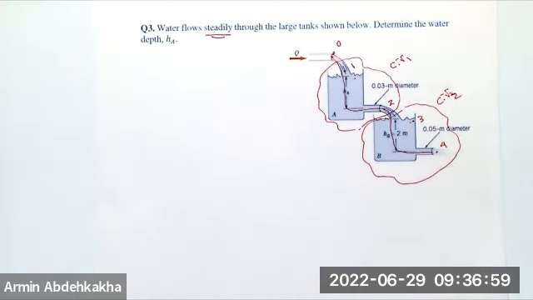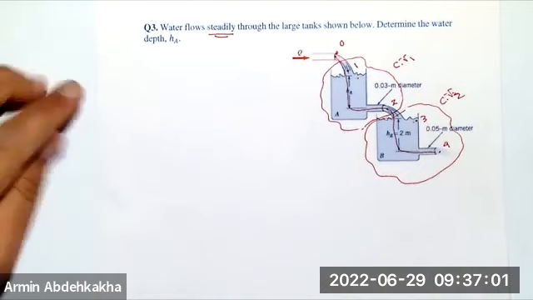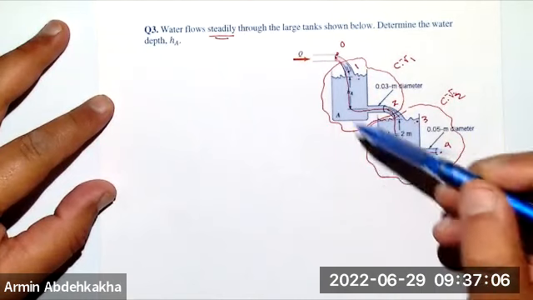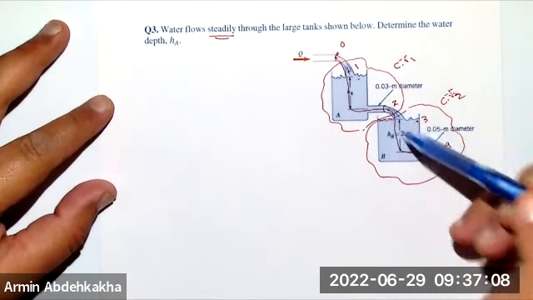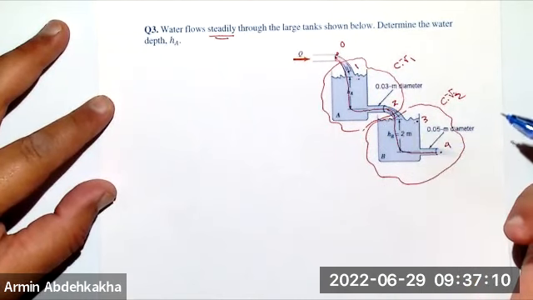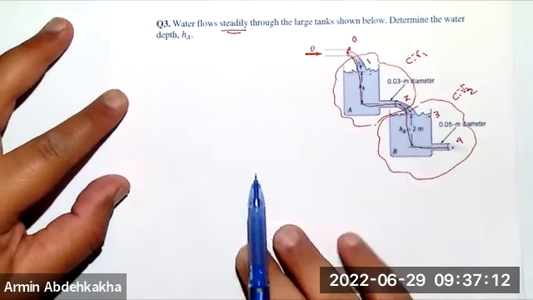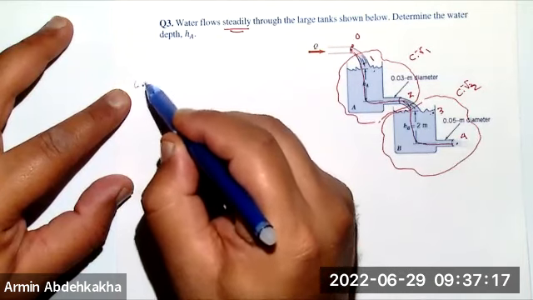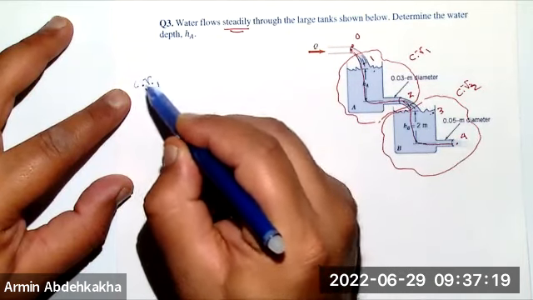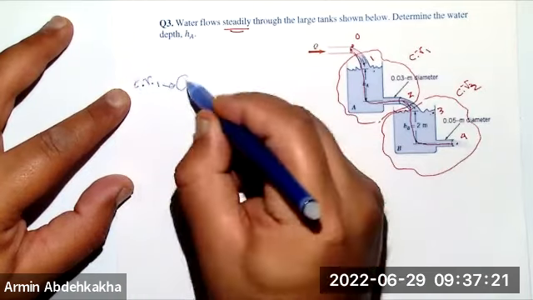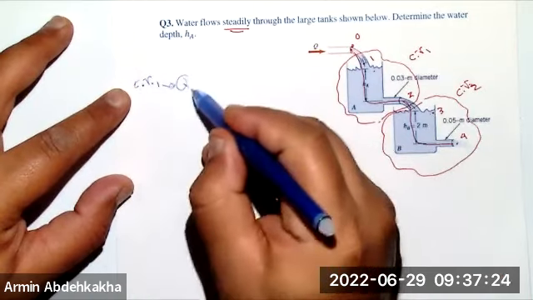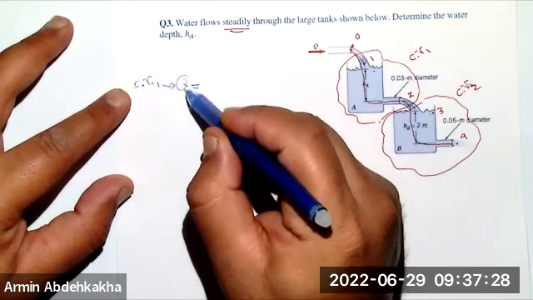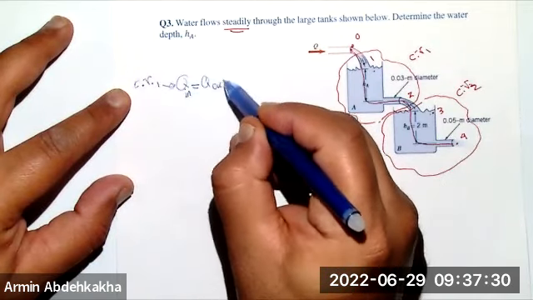We know that in each of those, because of conservation of mass, the Q that comes in and the Q that goes out should be equal, right? So I can write down that in control volume 1, the Q at point 0 is equal to Q in is equal to Q out.